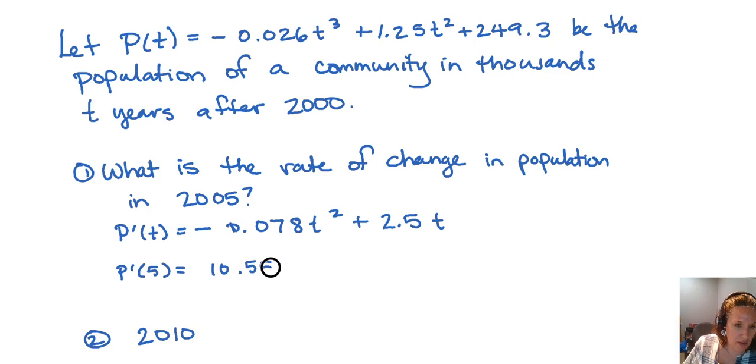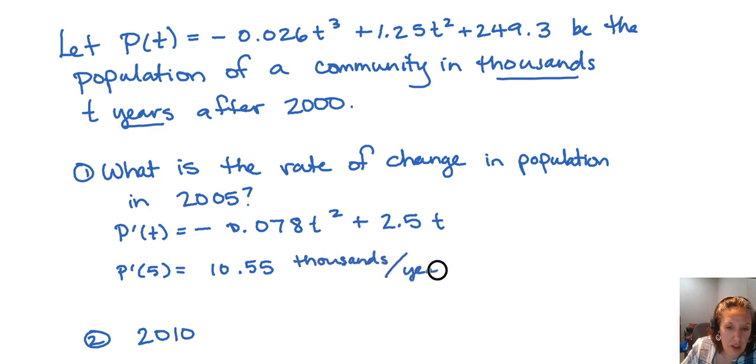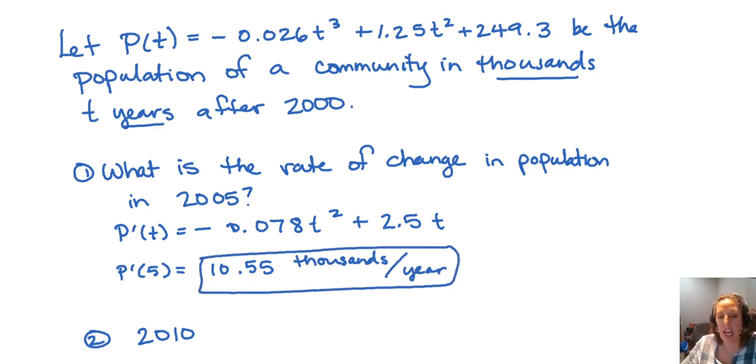Now the units on this, remember, population is in thousands, and we're taking the derivative with respect to time, so that means thousands per year. So in the year 2005, our population was growing at a rate of about 10,000 people per year for this community.